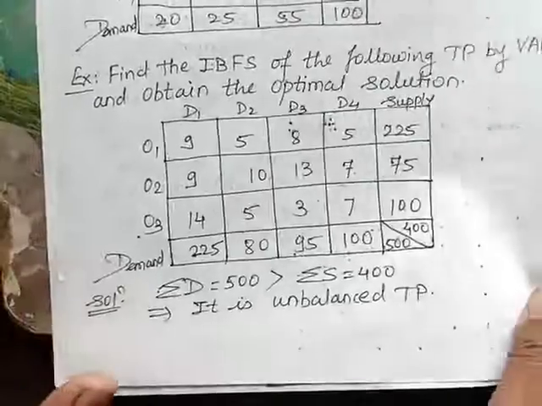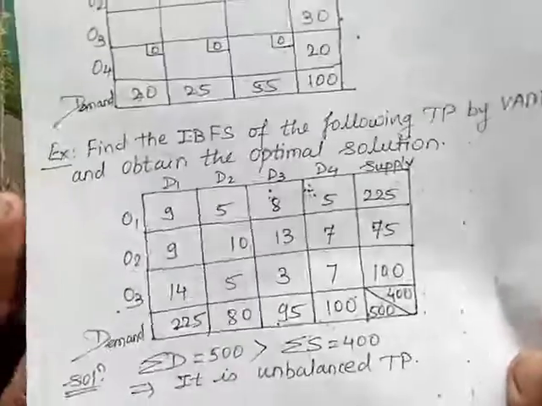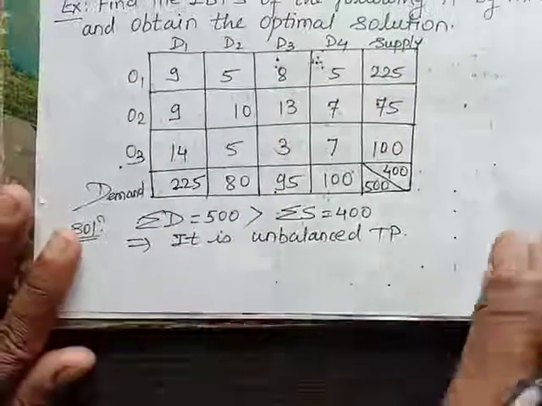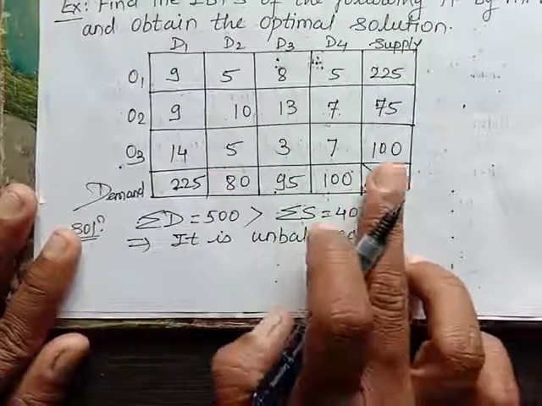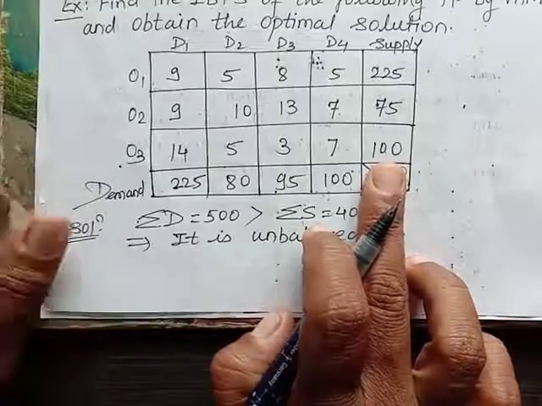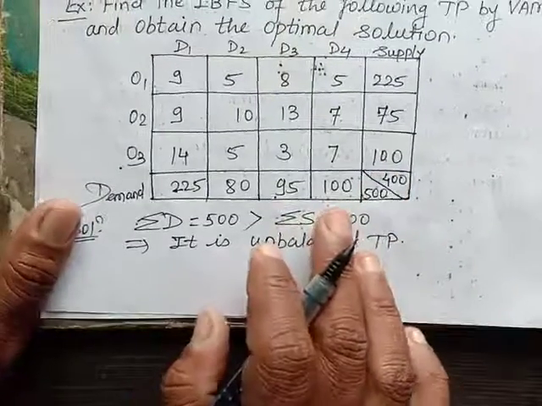So here we need to add a dummy origin because demand is more. So we need extra supply, then it will become balanced.